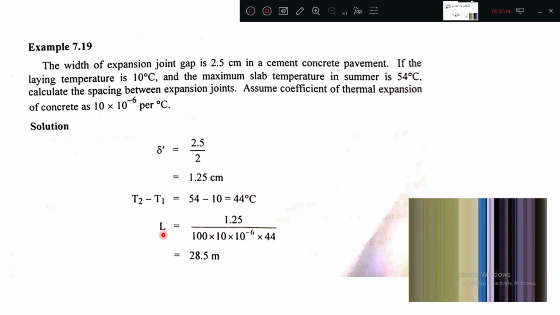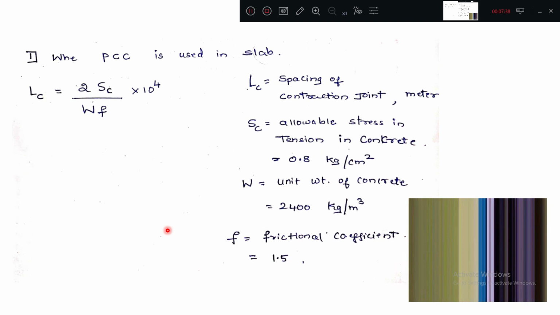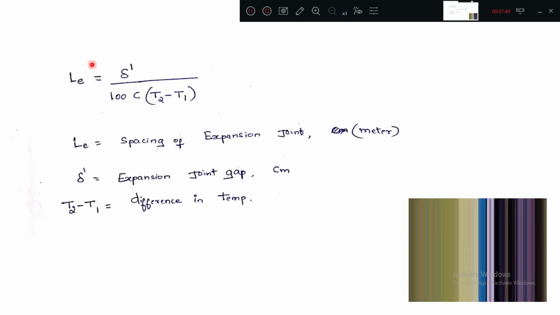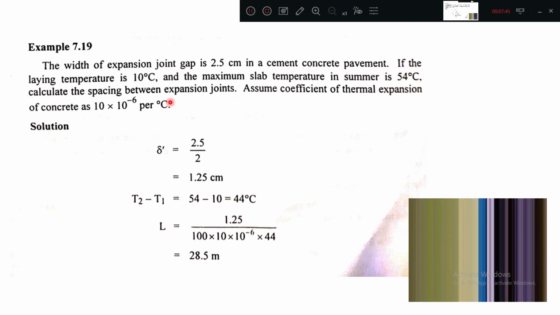And LE, the length of expansion joint. Use this formula: delta dash by 100 into C into T2 minus T1. Delta dash 1.25, 100 C, into T2 minus T1. Whatever value comes will be in meters. Very, very important point. So it is a very simple problem.